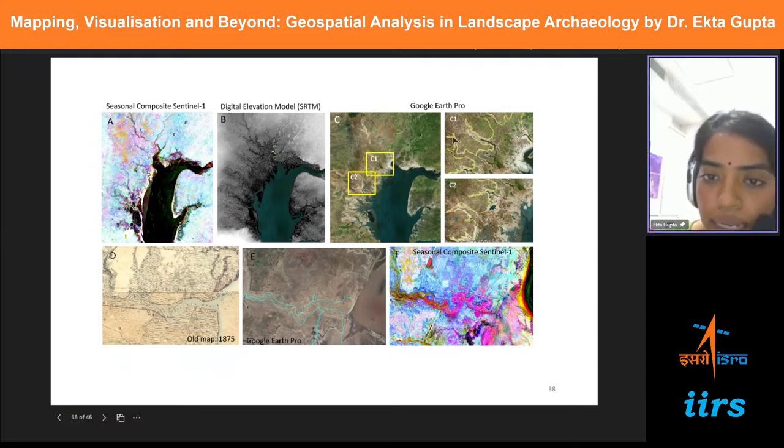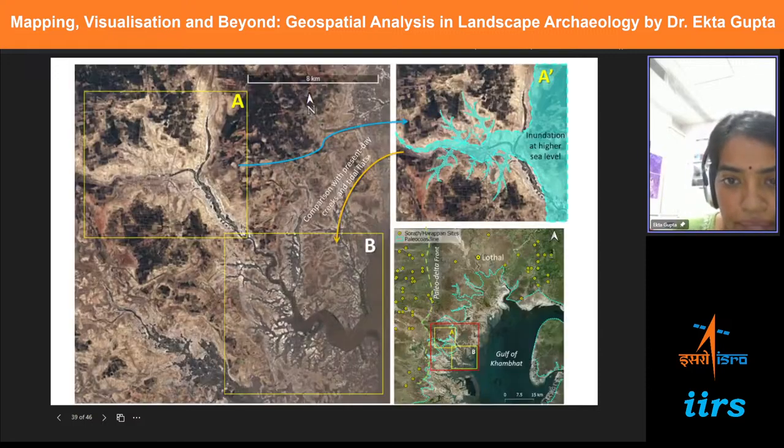So this helped us in demarcating these paleo creeks and paleo shoreline. Here we are showing that. So this is the present day creek, which is wide, and this is all tidal area, tidal marsh area. And if you look at this side, our investigation suggests this shoreline would have been here, and this was similar to what it is like today along the coast.